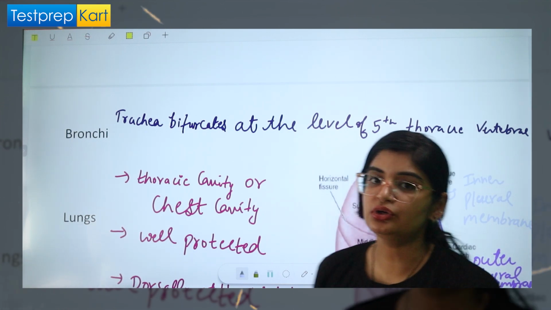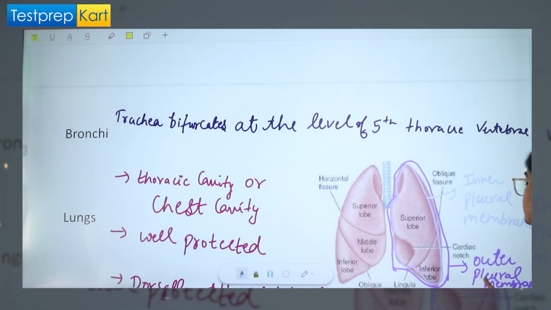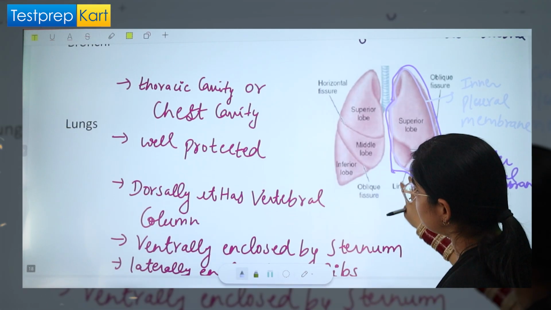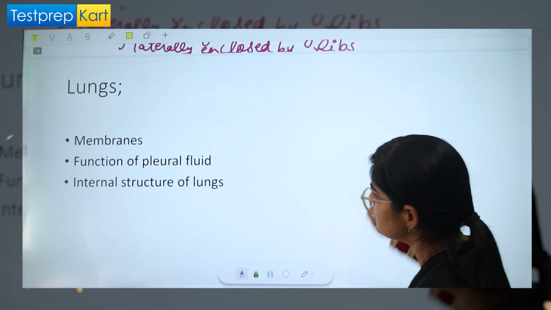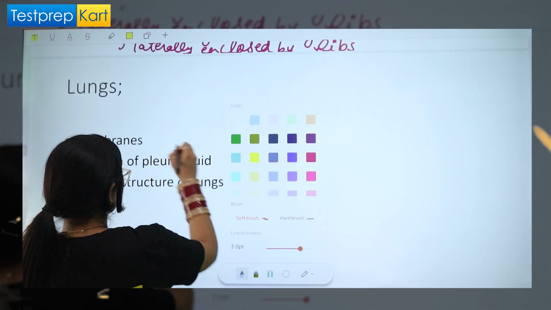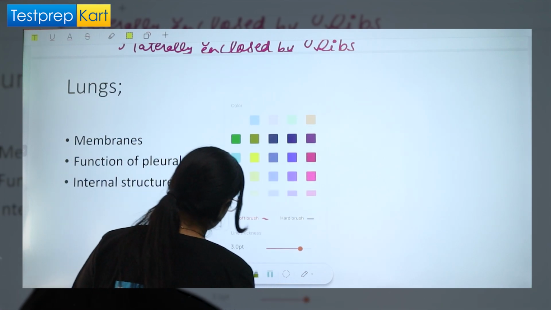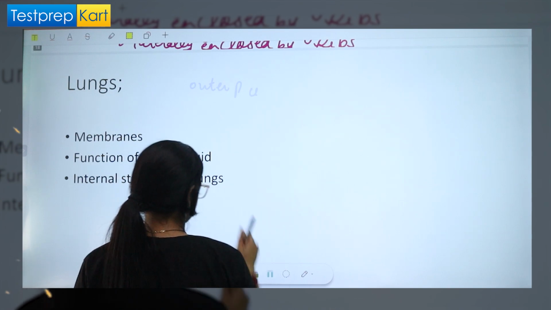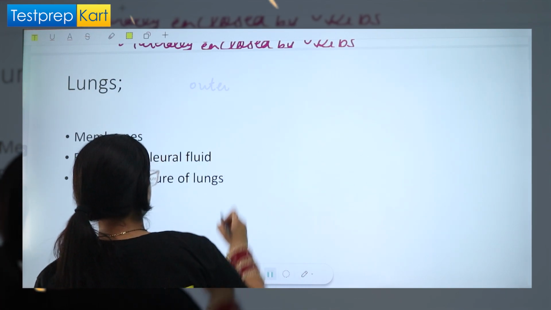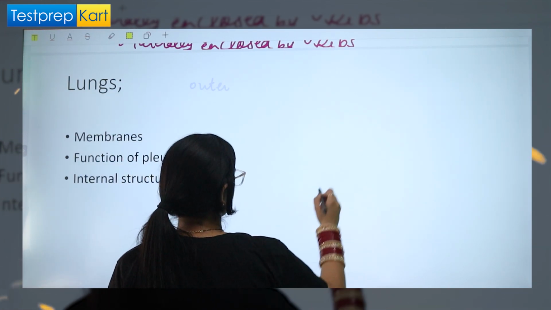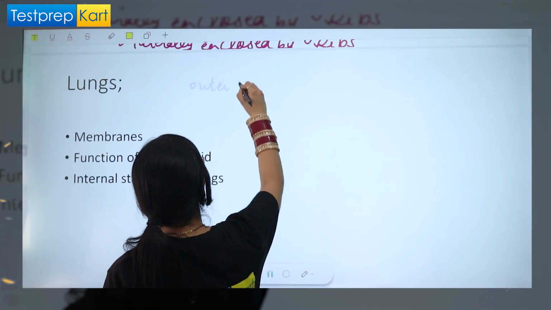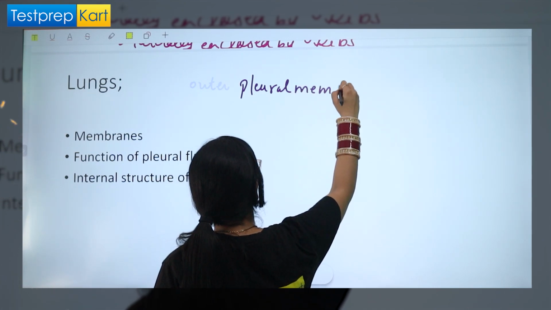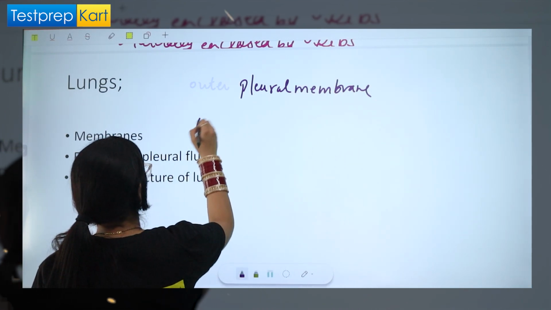It also has two outer coverings, and these coverings are formed by the pleural membranes, right? These membranes are the outer pleural membrane and the inner pleural membrane.